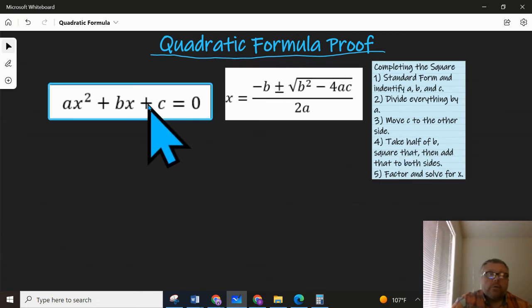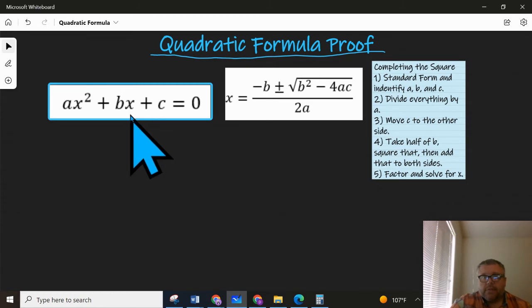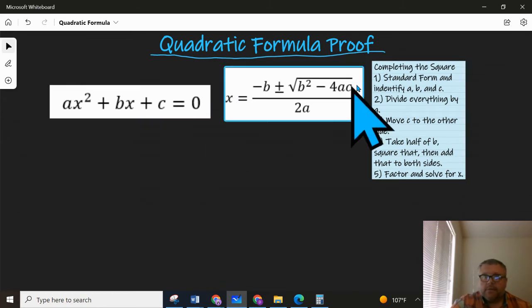So let's go to the standard form of a quadratic and complete the square on it. I brought the completing the square procedure over here. If you need to reference it, that's totally fine. You just complete these steps and let's see what happens. The first two steps are actually interchangeable. If you do them out of order, it won't matter.